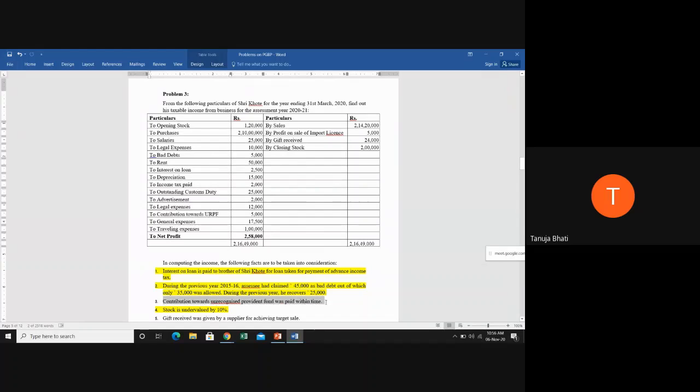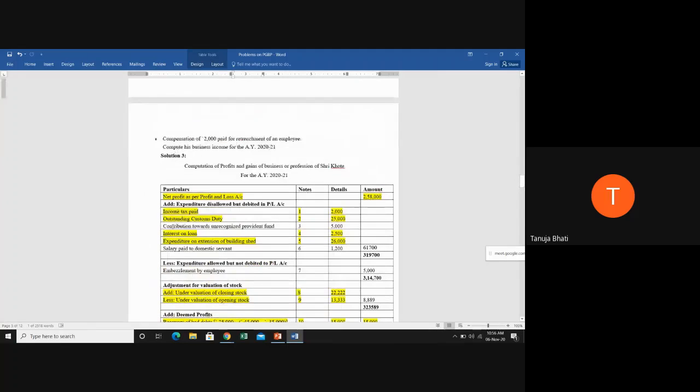Contribution towards unrecognized provident fund was paid within time. Though it was paid within time, since it is an unrecognized provident fund, which is not recognized by the government, and you're contributing 5,000 rupees to it, it will be completely disallowed.